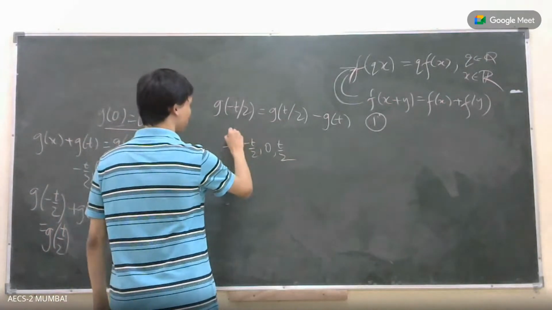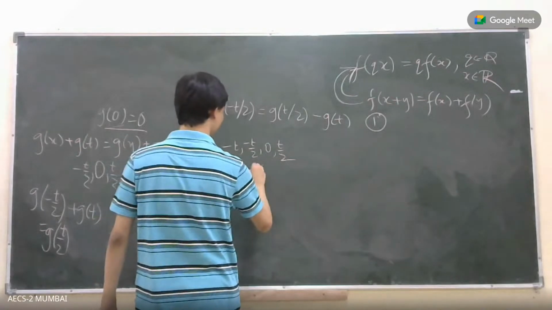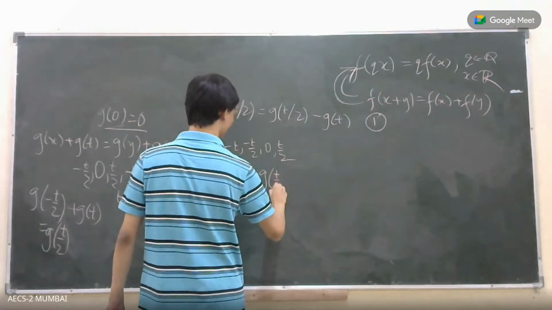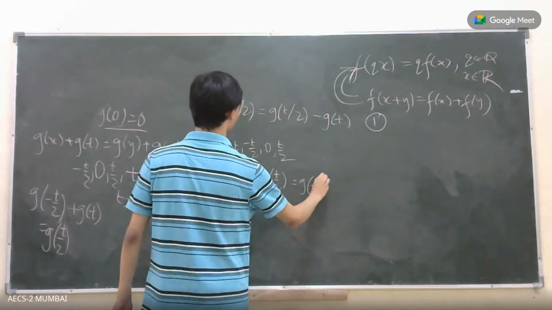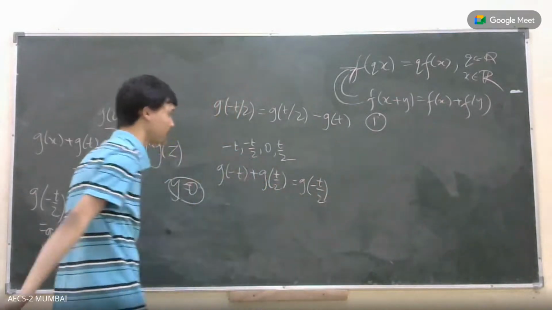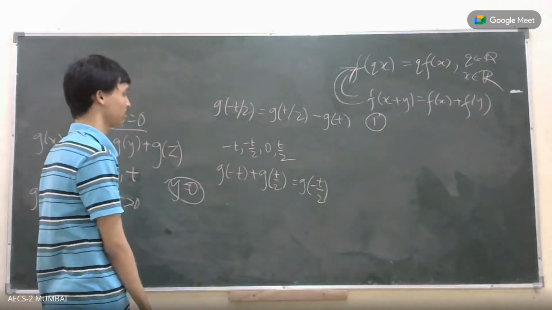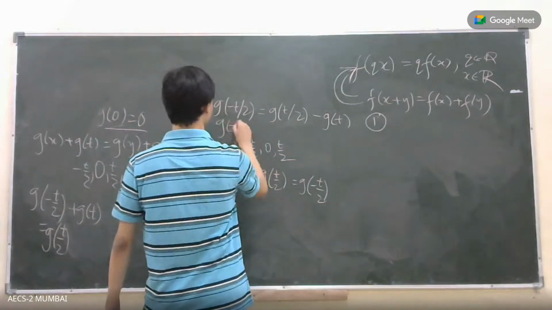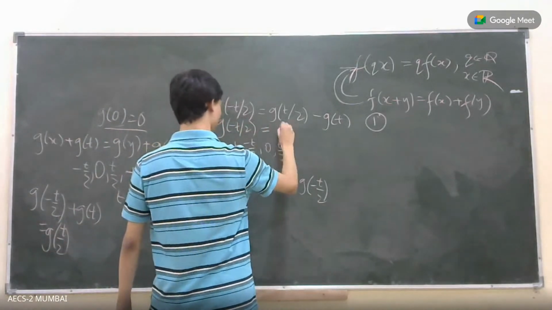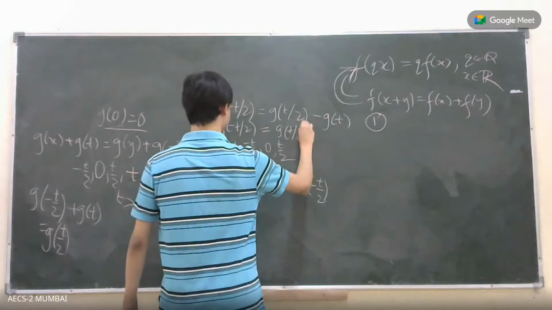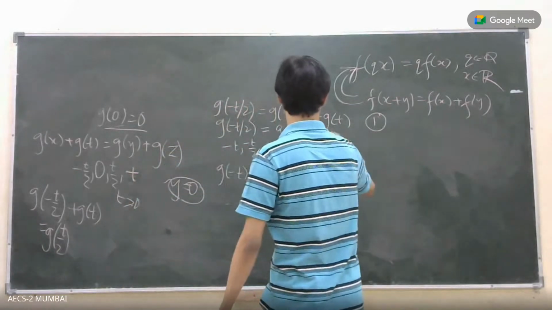The sum of the g's of these two functions, g of minus t plus g of t by 2, is g of minus t by 2, right? So what do you get? g of minus t by 2 is g of t by 2 plus g of minus t.